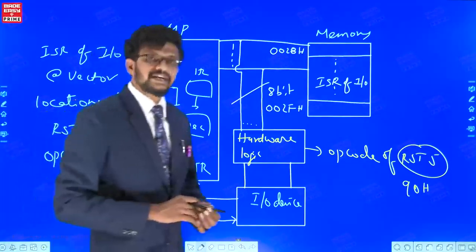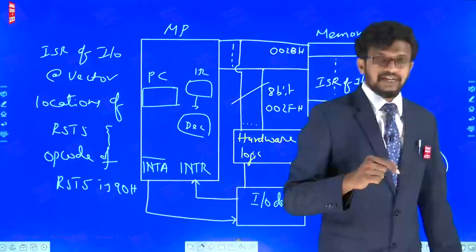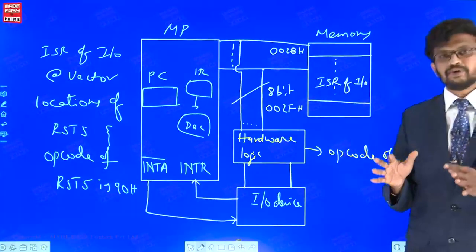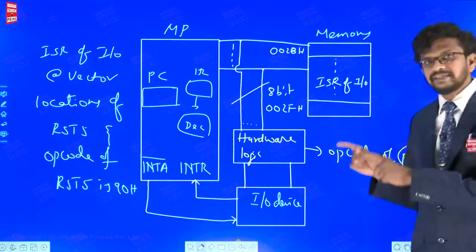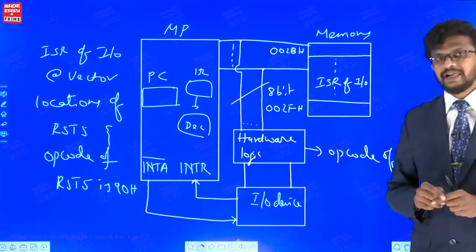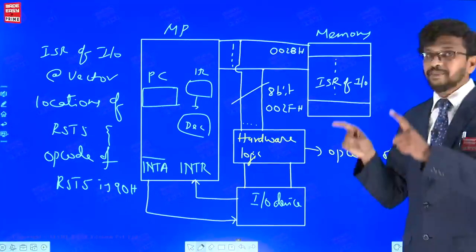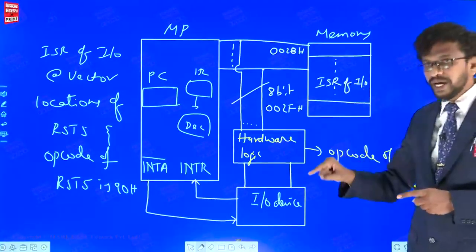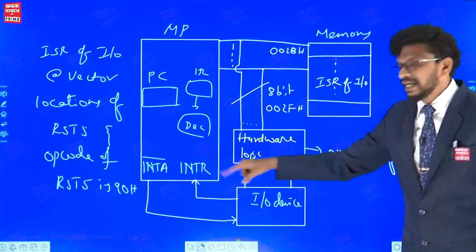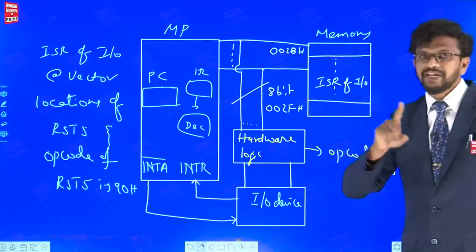In case of vectored interrupts, whenever an interrupt occurs, there is a mechanism inside the processor such that it can understand that some interrupt has occurred. But in case of INTR, which is the least priority interrupt, the processor will itself check the INTR pin in the last clock period of every instruction.